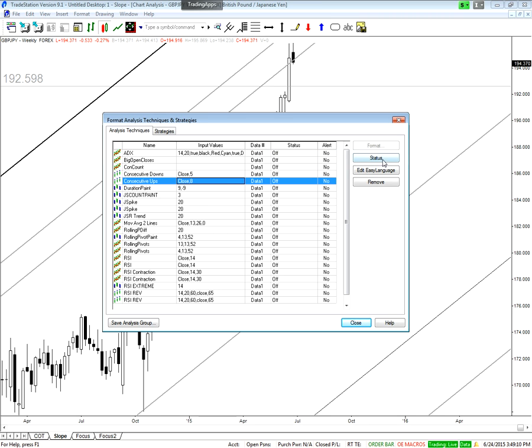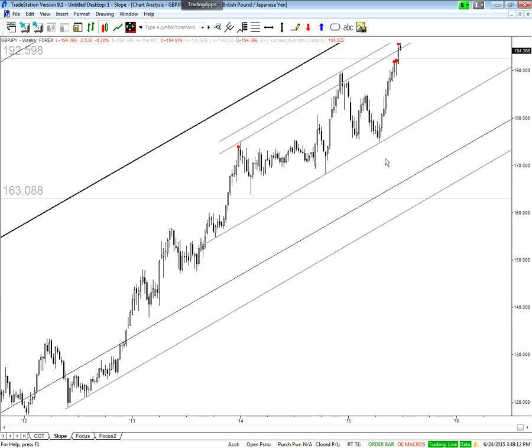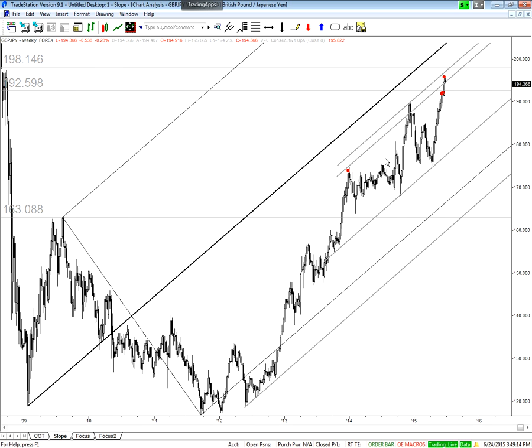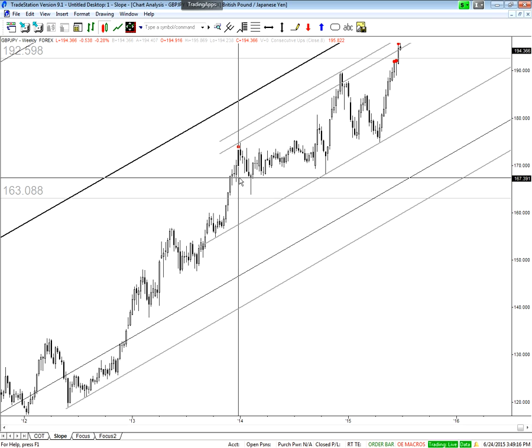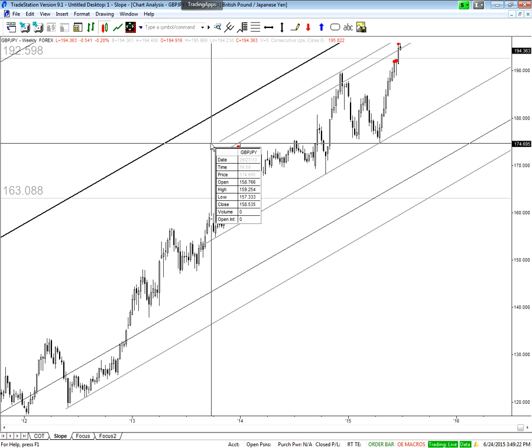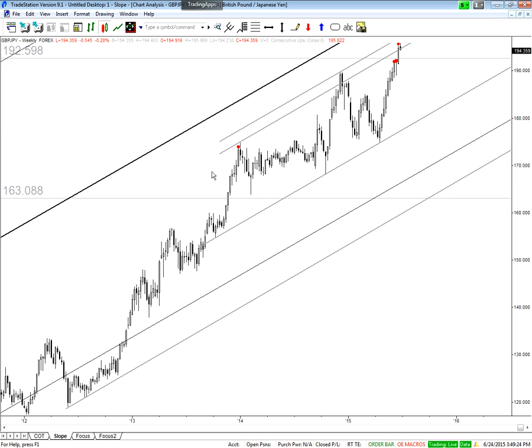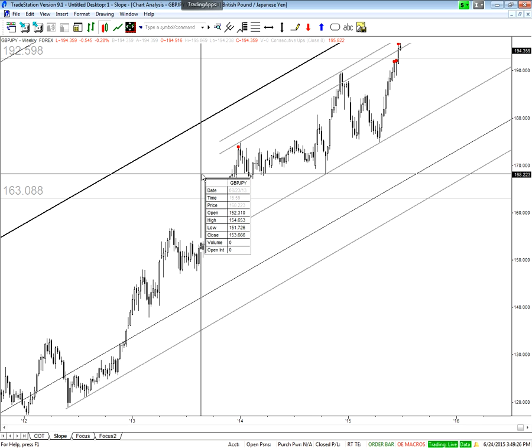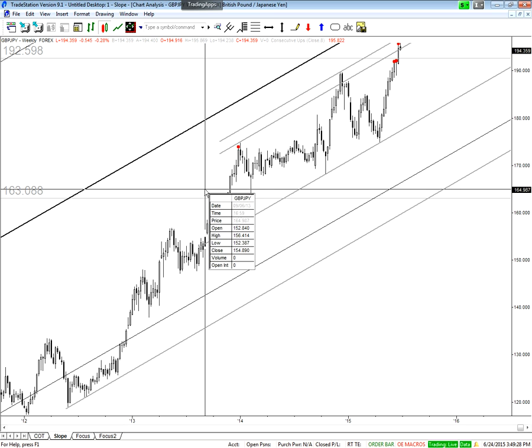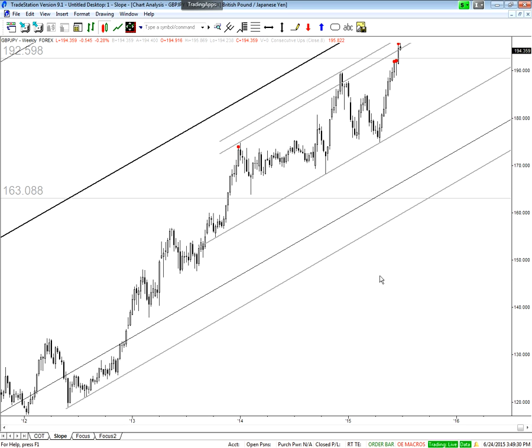Okay, consecutive ups. The most we had before was 8, and that was right here at the last week in 2013, and we promptly fell, topped the next week, and then fell from close to 175 to 168 in 2 weeks' time, and eventually down towards 164.